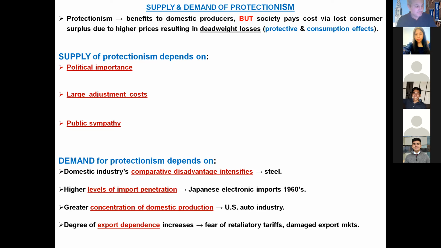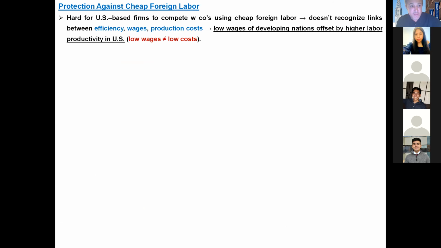Okay, so we talk about different arguments for and against trade restrictions. Well, we know that there's protection against cheap foreign labor, which is that U.S. companies demand protection because they say, I'm competing with companies that pay their workers 5 cents an hour.